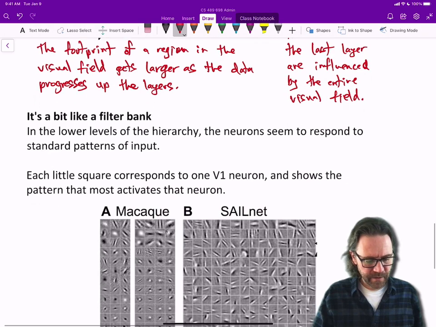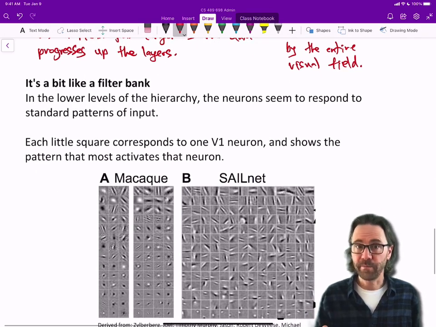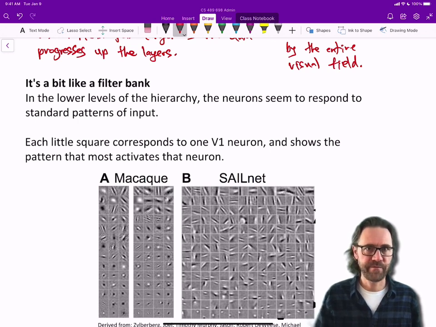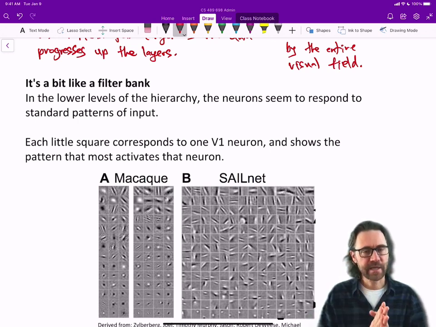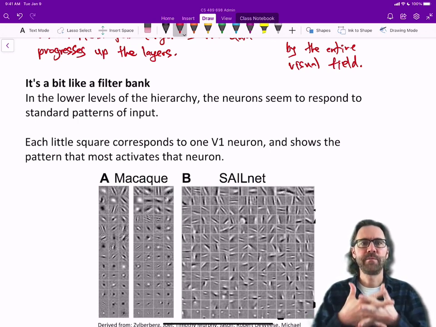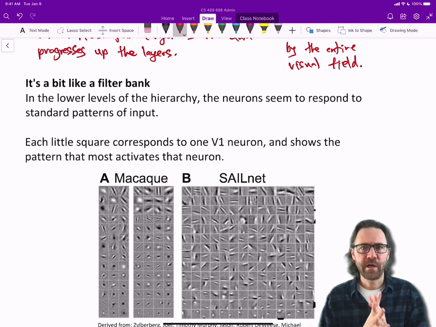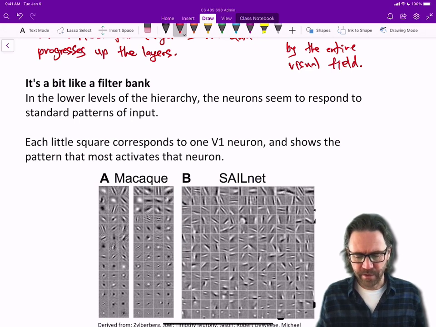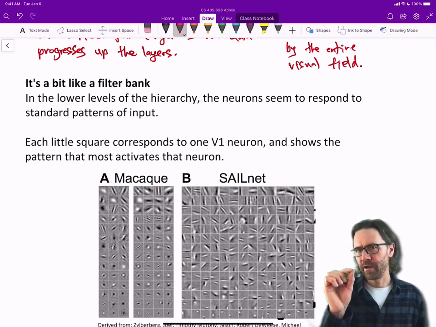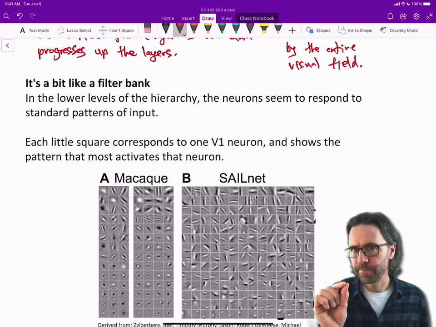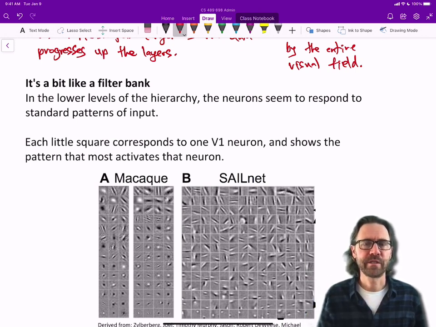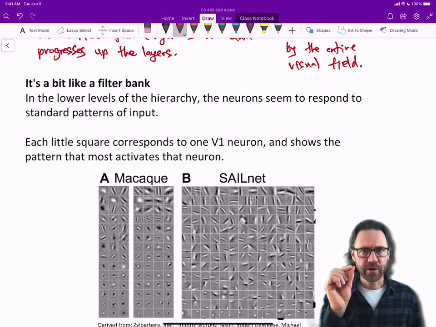And finally, your visual system is a bit like a filter bank, at least at the lower levels. It's easier to identify the filter bank aspect of the visual system. So let me describe what that means. In the lower levels of your visual system, you can look at a neuron in V1, primary visual, the first cortical processing of your visual scene.